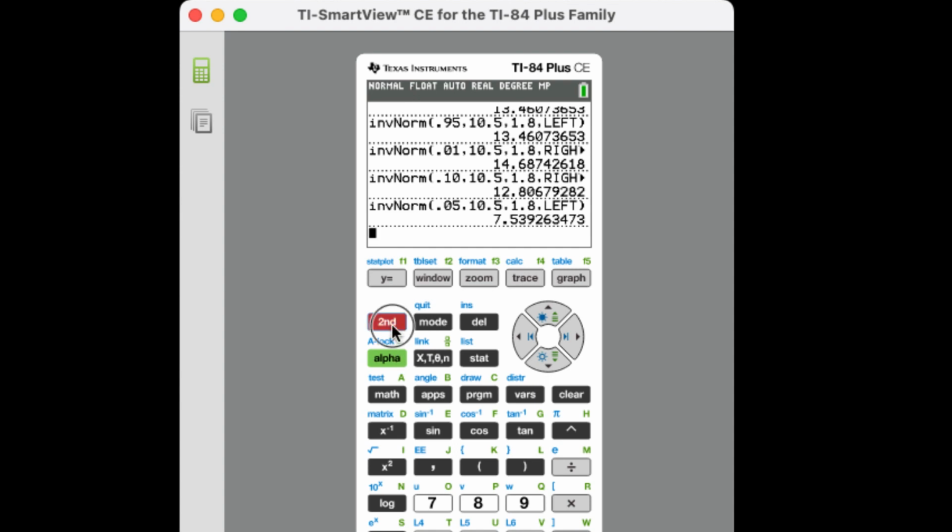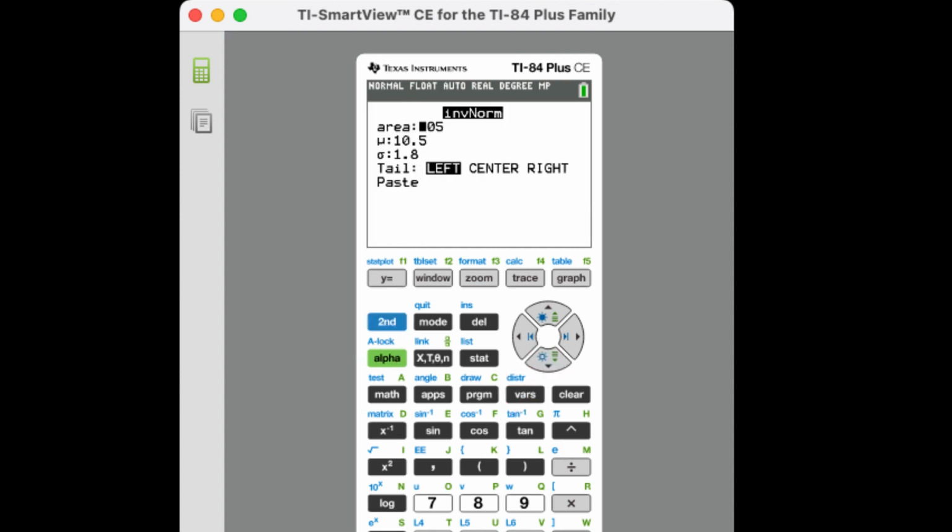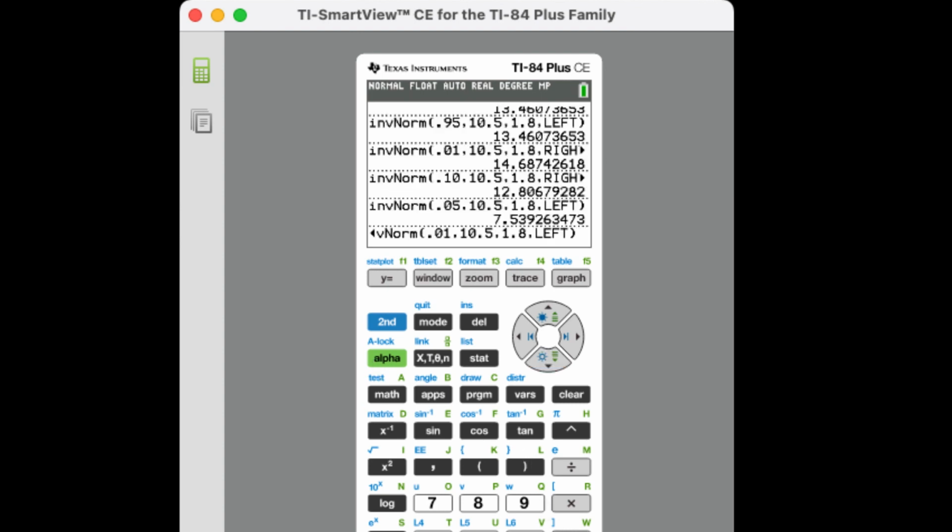I'm going to use second distribution again, inverse norm, 1%, 0.01, and it's area to the left because it's a left tail. You guys good with that? What do you get? Isn't that 6.3 hours?